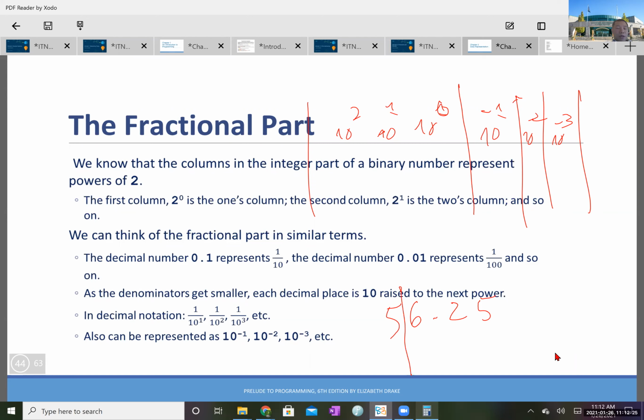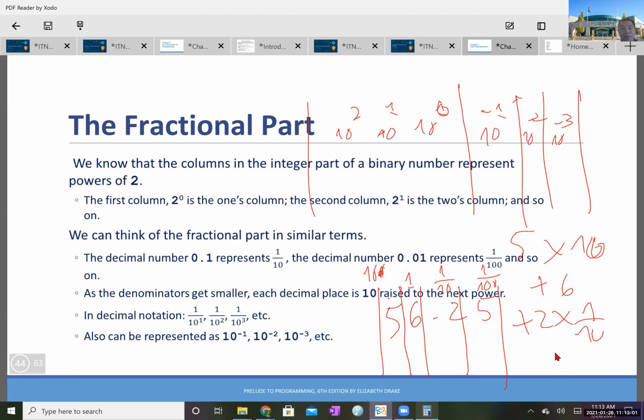This one is column 1, this one is column 10, this one is column negative 1, and this one is column negative 2. So for this one you have 10 here, and you have 1 here. This one you have 1 over 10, and this one you have 1 over 100. That's the same way you work with the fractional part. So you have 5 times 10, plus 6, plus 2 times 1 over 10, plus 5 times 1 over 100.